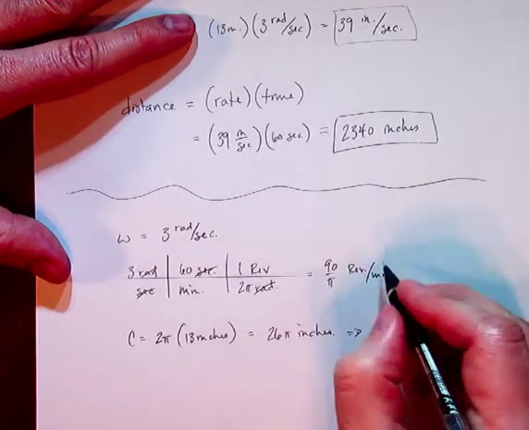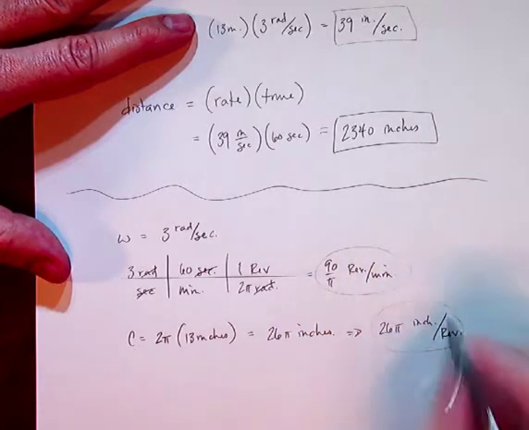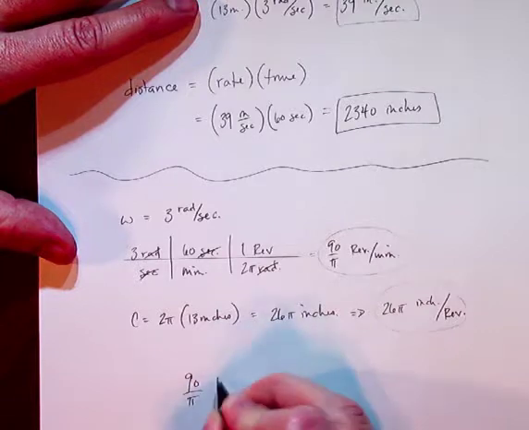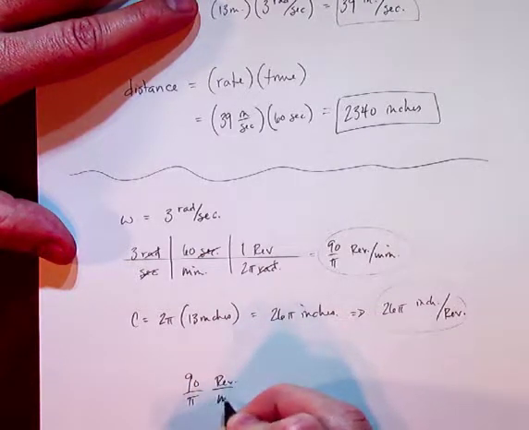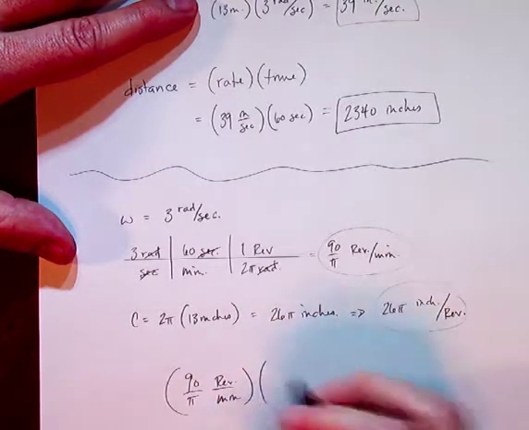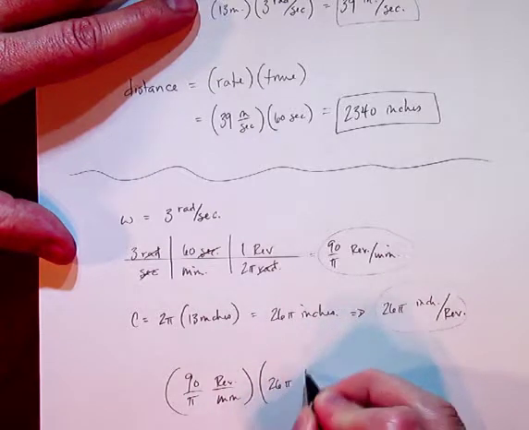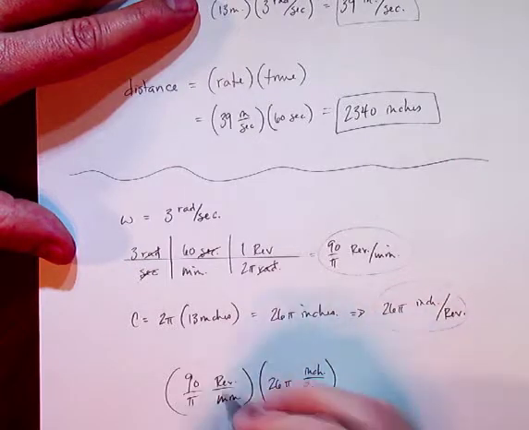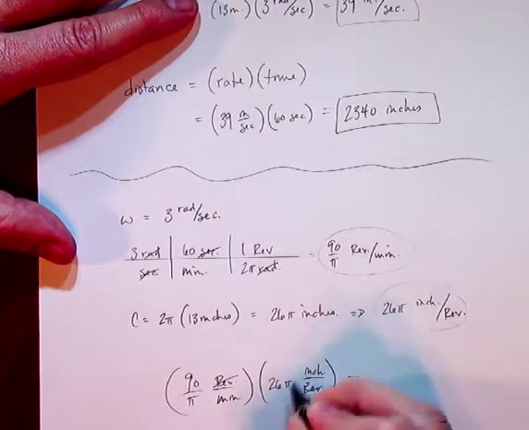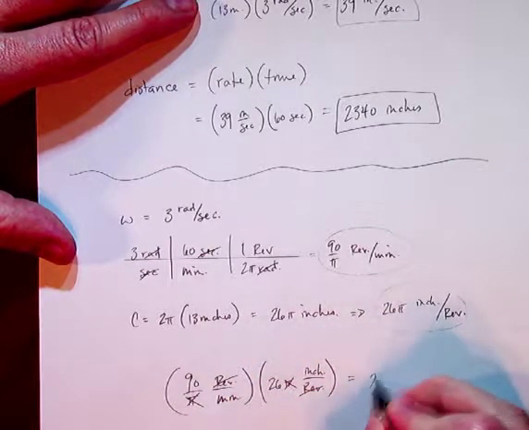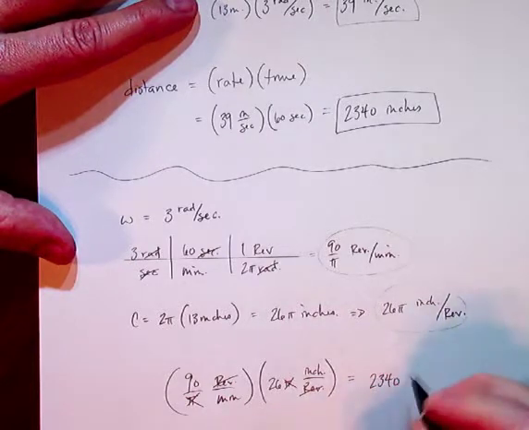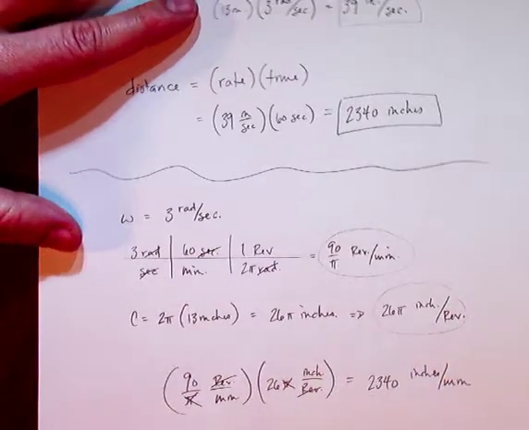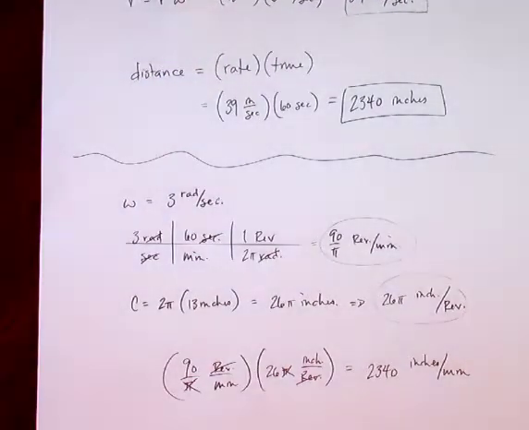So if I multiply these two things together, I get 90 over pi revolutions per minute and 26 pi inches per revolution, and the revolutions cancel, the pi's cancel, and I'm left with 2340 inches per minute, which is of course part of the question stem, right?